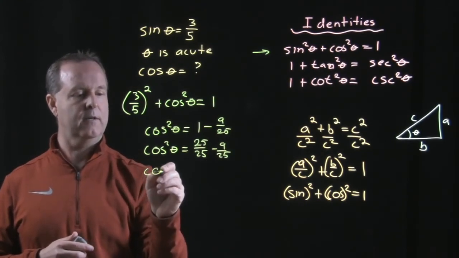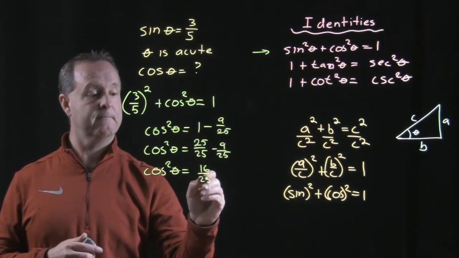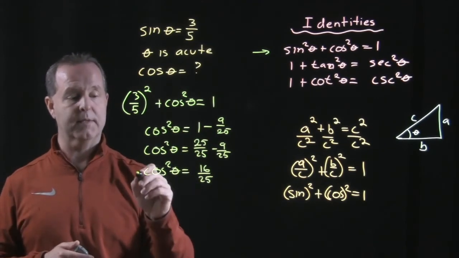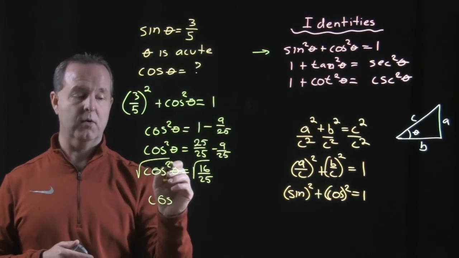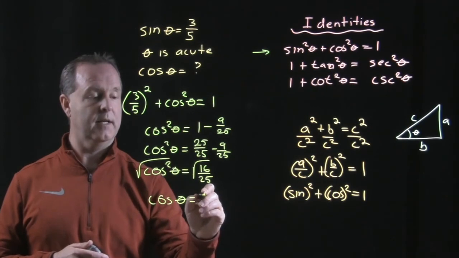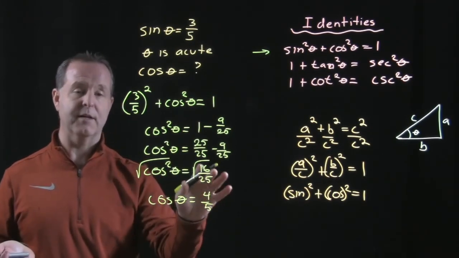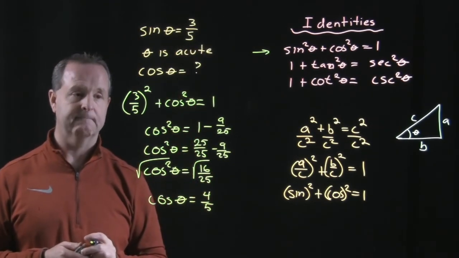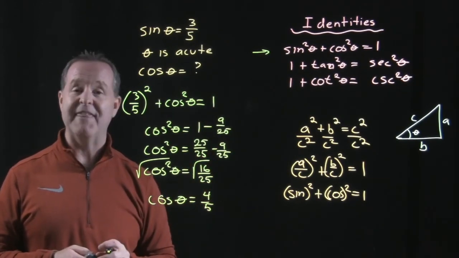Now they talk to each other. Equals 16/25. And then to get cosine, not cosine squared, take the square root of both sides. So the square root of cosine squared is cosine, and the square root of 16/25 is 4/5. So what's cosine theta? Cosine theta is 4/5 if we're given the initial condition where sine is 3/5. And that was by using one of our newly acquired identities, one of the Pythagorean identities.